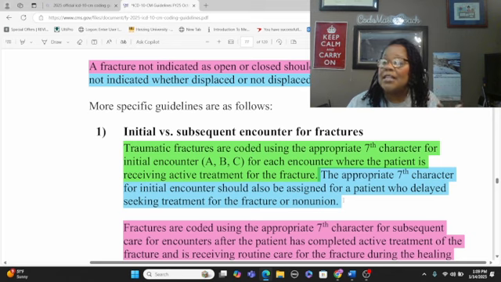And it's not going to heal because it's too deep of a cut that it needs some internal repairs along with the external repairs. So even if they wait 2 weeks to come in, if it's still for the initial encounter and they're still receiving active treatment, it's going to be a seventh character, A, B, or C.